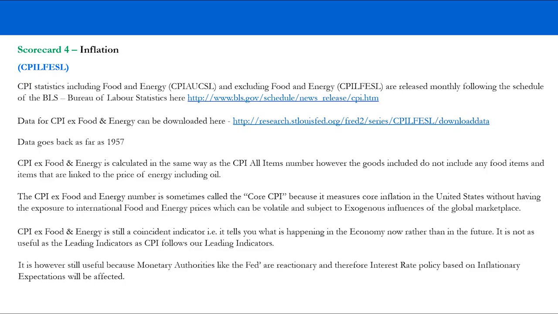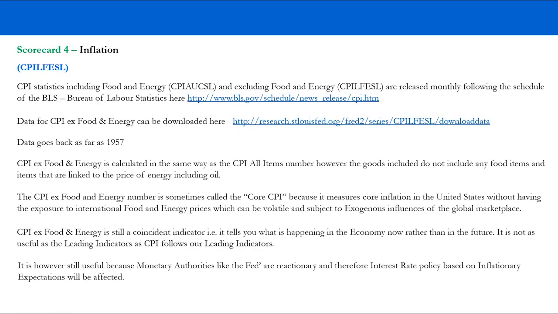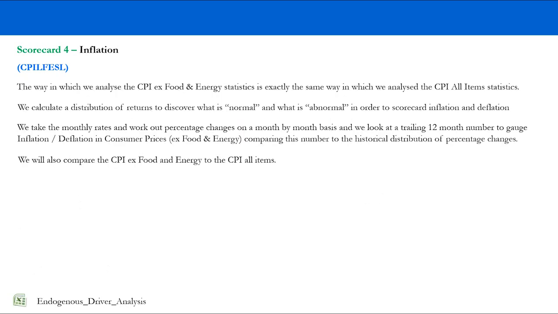So although it's a coincident indicator, in terms of inflation expectations the Fed will react to these numbers. So although it's coincident, it's still an important number to appreciate.